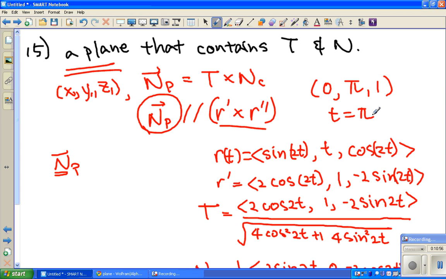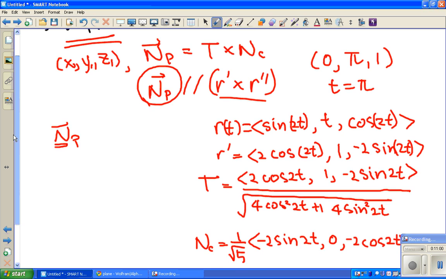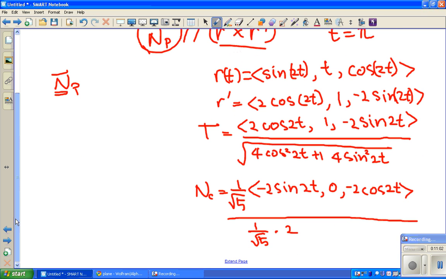So let us try to get the numerical value for the unit tangent vector and also the normal vector. Here then we have the tangent vector now becomes 1 over square root of 5, and when you plug in pi, here we get 2, 1, 0.